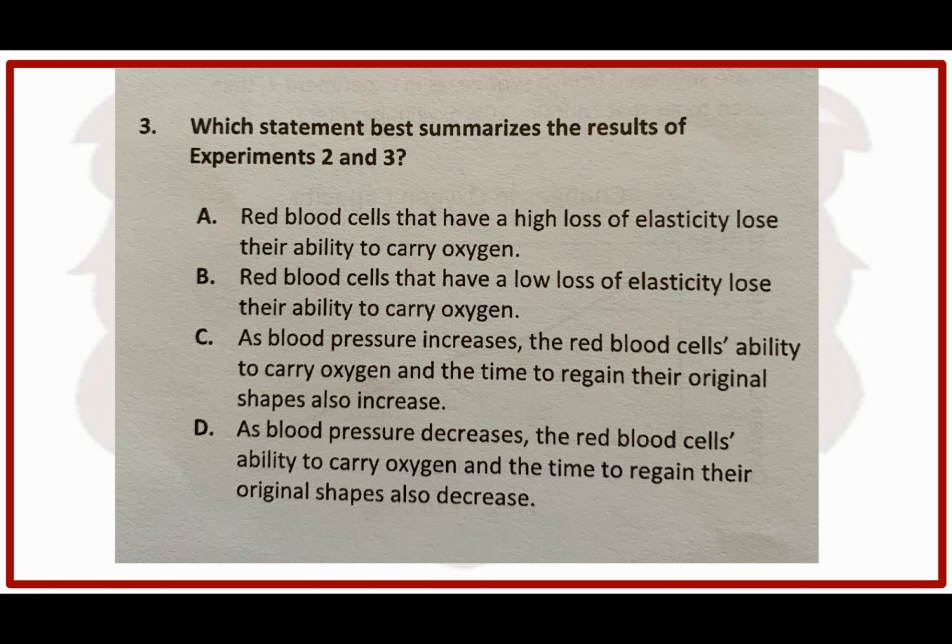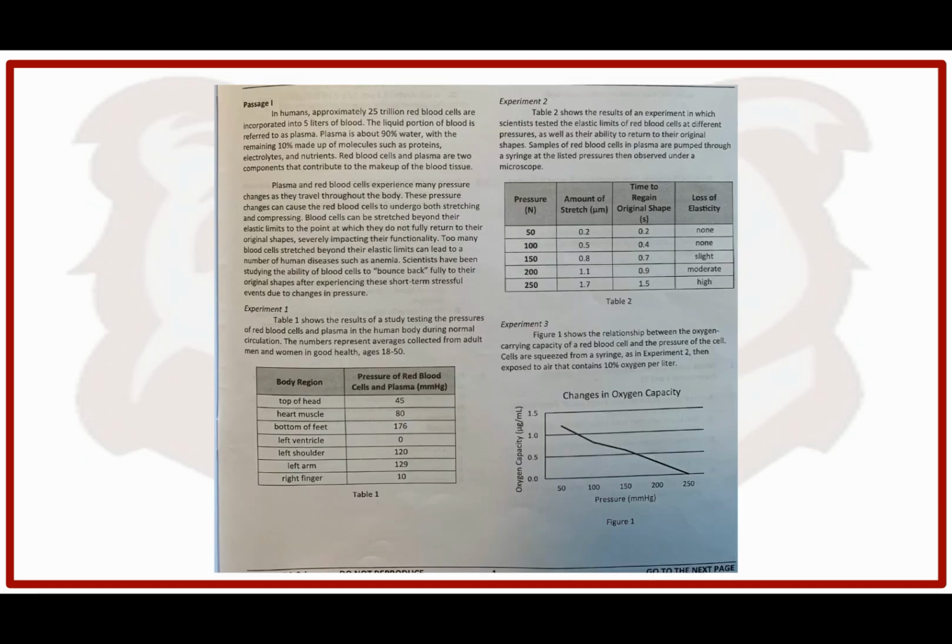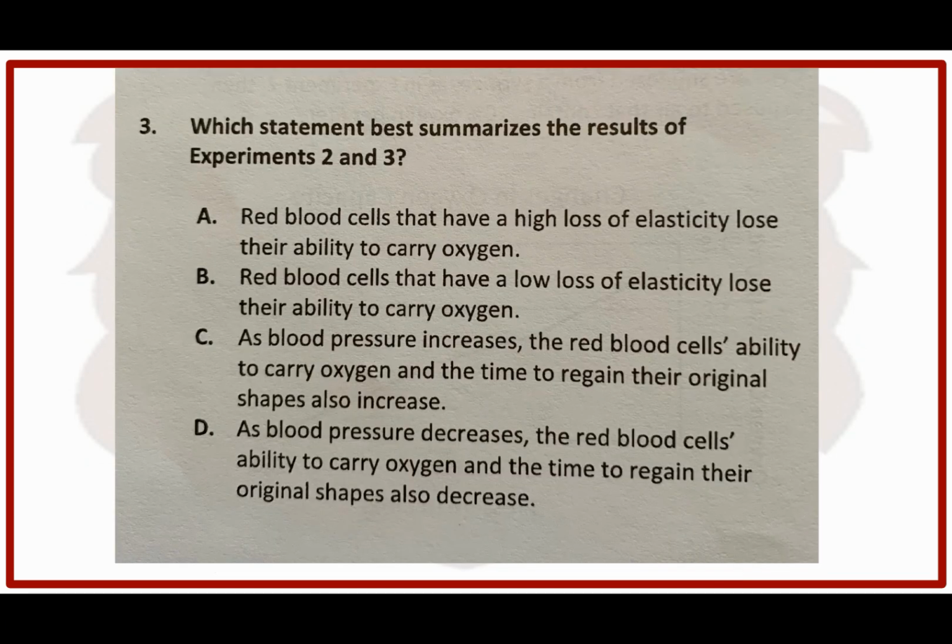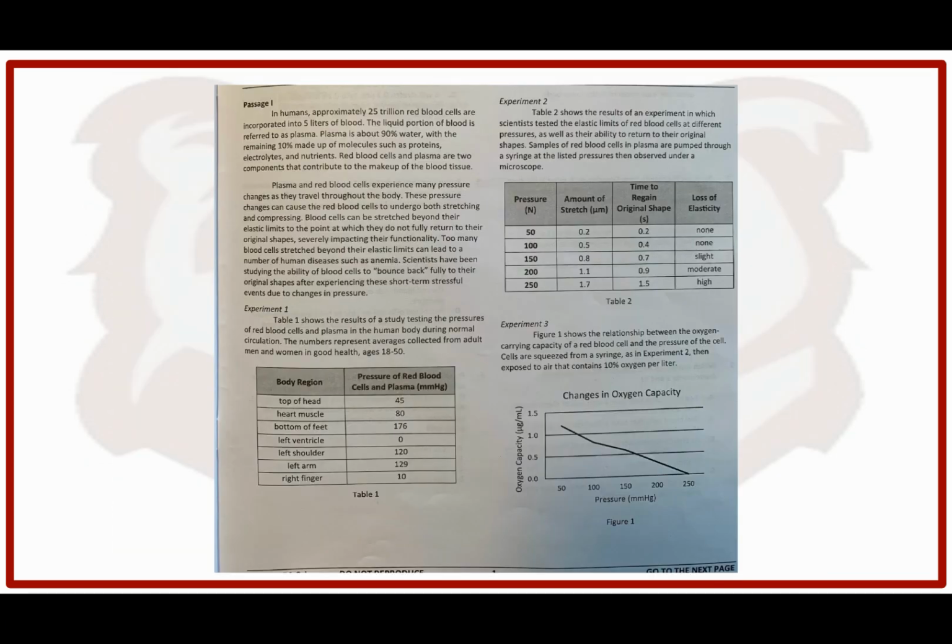So we're going to have to go back and look at 2 sets of data, experiments 2 and 3. It can throw you off a little bit. Experiment 2 goes with table 2. In experiment 3, there's figure 1 that goes with it.